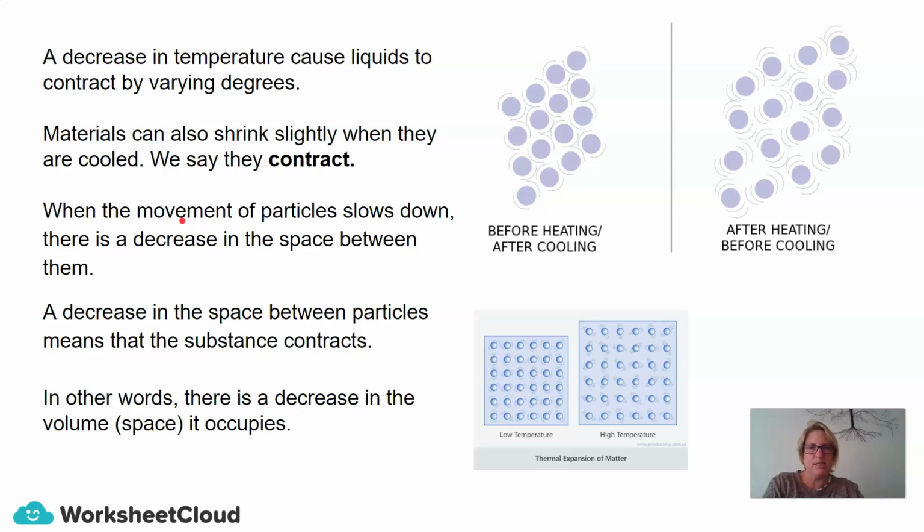The particle is staying the same size, but the way it moves is decreasing. So as we cool it, the space decreases, it gets less. That means the space between the particles has decreased and the substance is going to contract. In other words, there's going to be a decrease in the space that the liquid occupies.